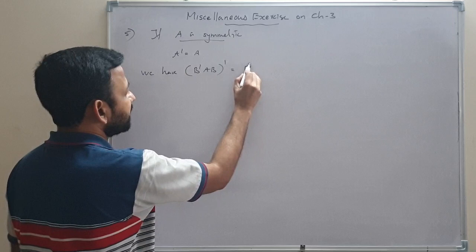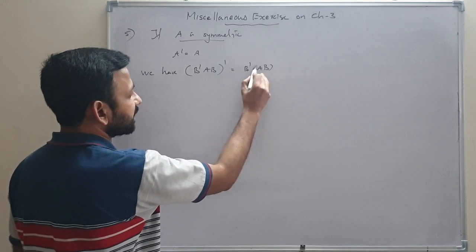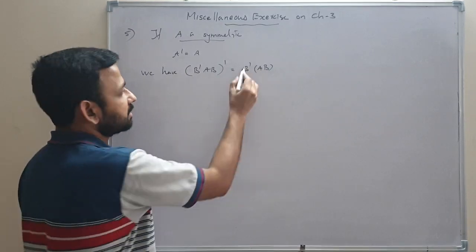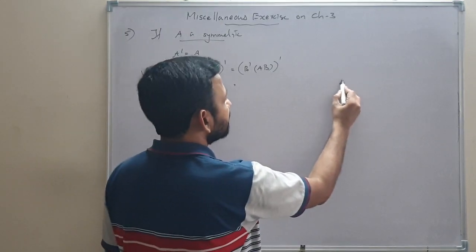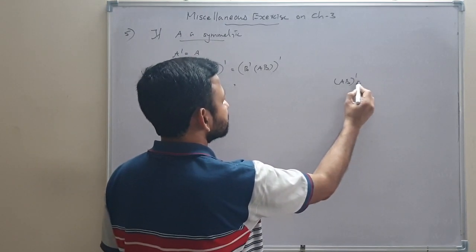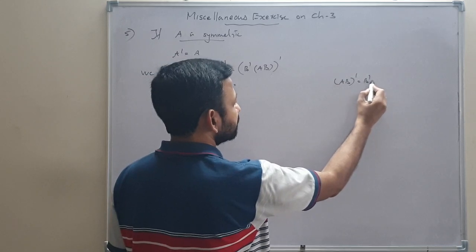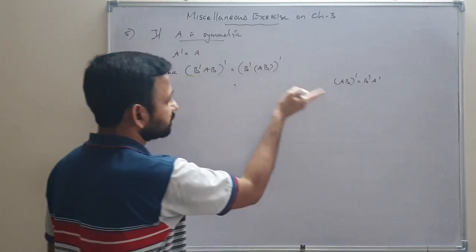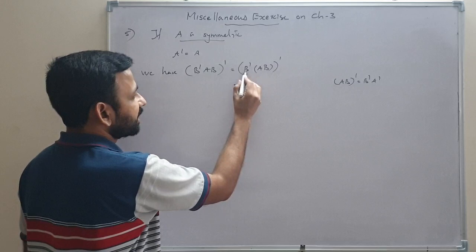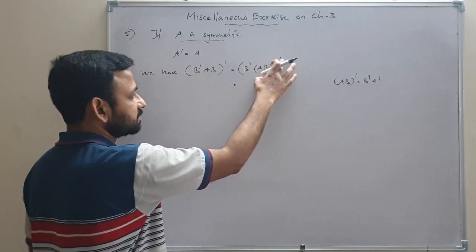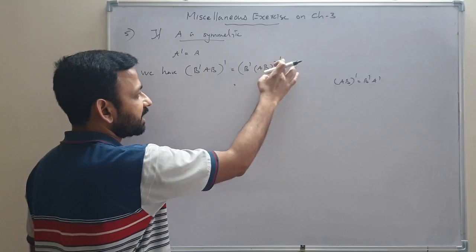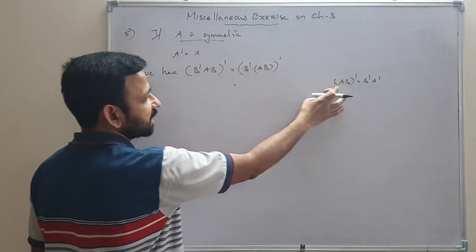That is (B transpose AB) all transpose, we can keep it in the bracket. (AB) all transpose is equal to B transpose into A transpose. So by using that property, this is the first matrix, second matrix: first matrix into second matrix, all transpose, is second matrix transpose into first matrix transpose.